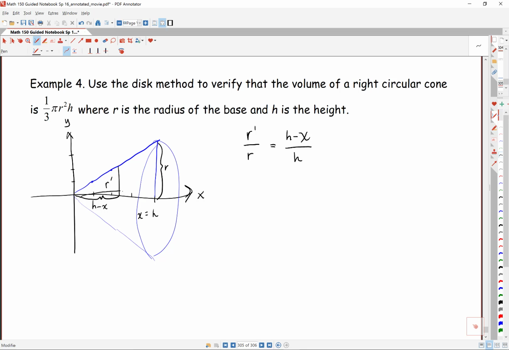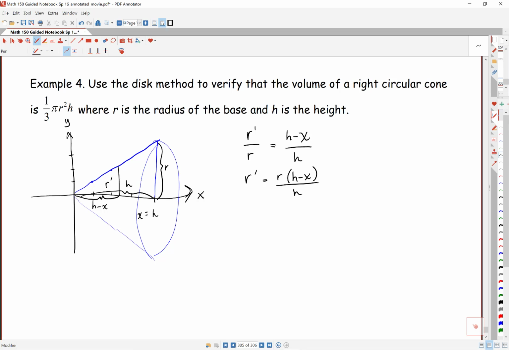They're similar triangles. So isolating for r prime, you would get r times h minus x divided by h.